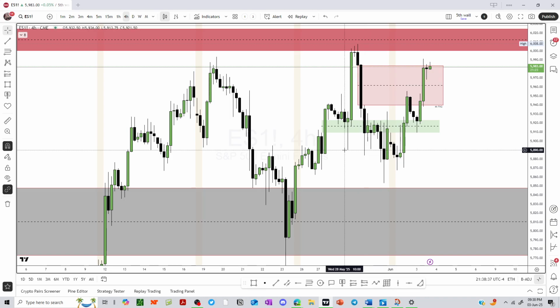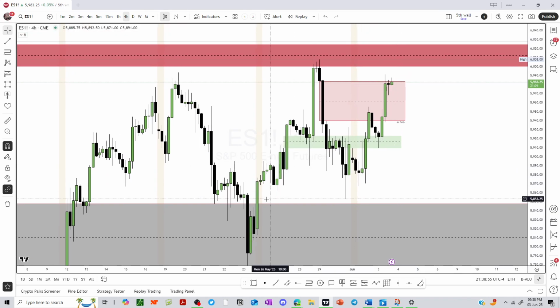Pull back, breaking structure, consolidate back inside, like the bodies are all in there, stabbing down, wicking down. And you can say here too, bearish fair value gap if you wanted to. Let's use this one. Boom, like replaced.